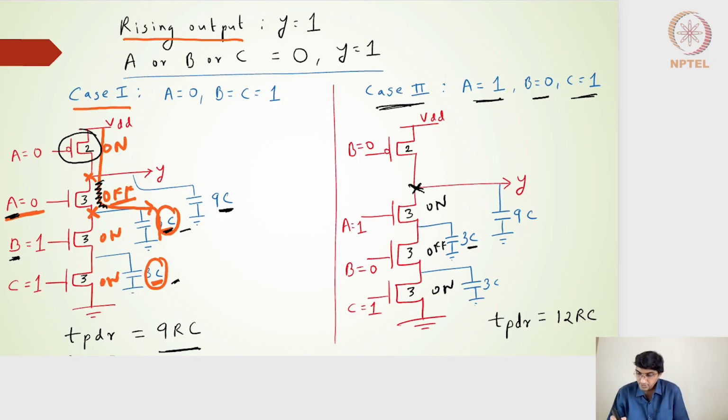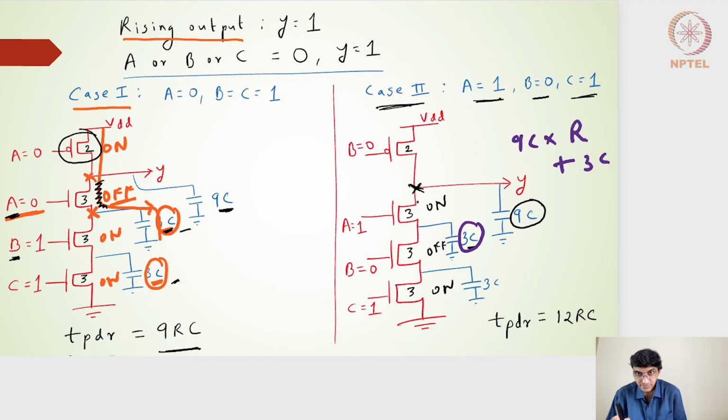all right? So according to the Elmore delay, what we will have is this 9C multiplied by the shared resistance, which is the switching resistance of the transistor B on the PMOS side, plus 3C, this particular 3C, which now sees a path through transistor A on the NMOS side.